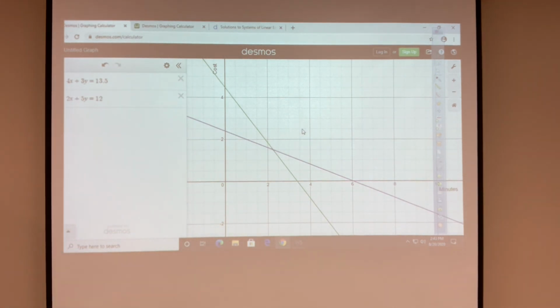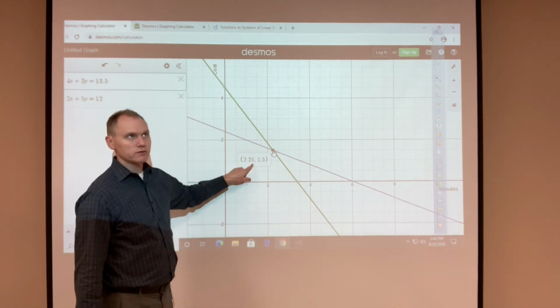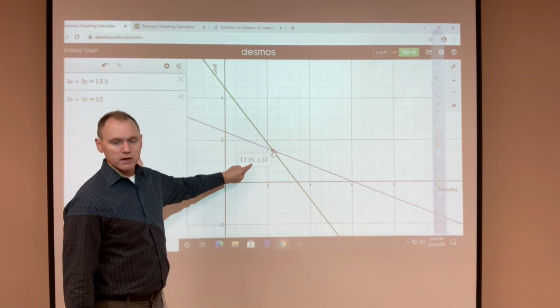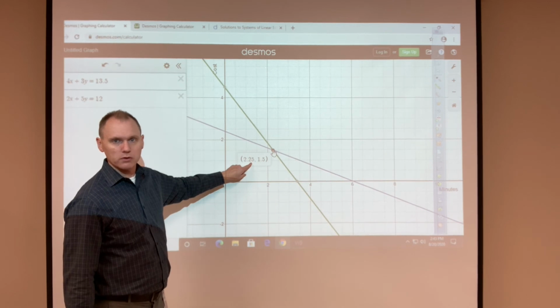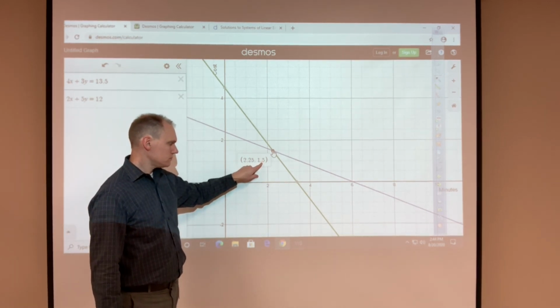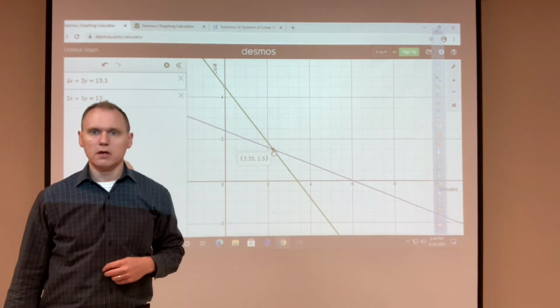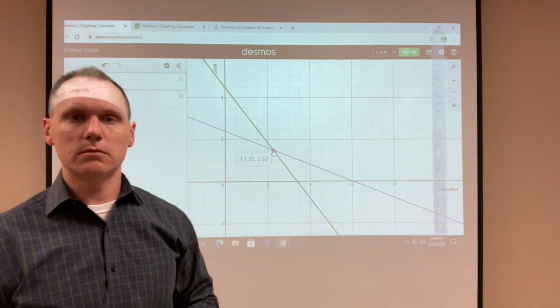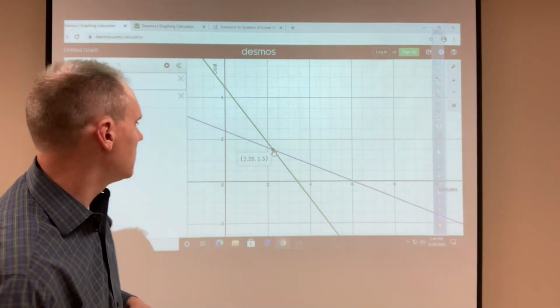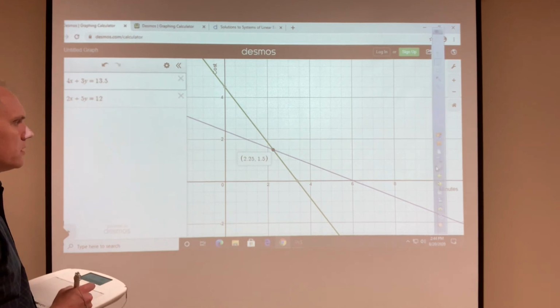So if we click on that intersection here, 2.25 and 1.50. So X being 2.25, X was the cost for a bag of popcorn, right? And 1.5 was the cost for the sodas. And I think I misspoke earlier.